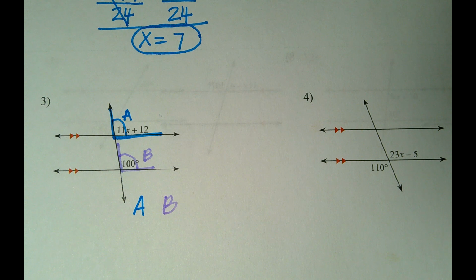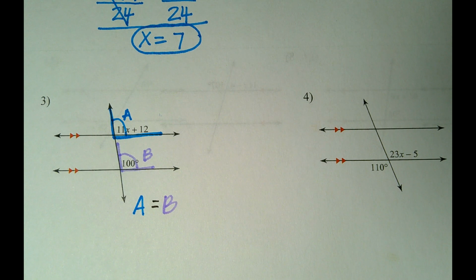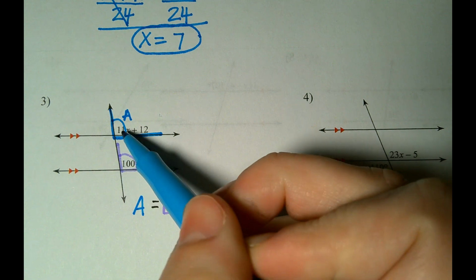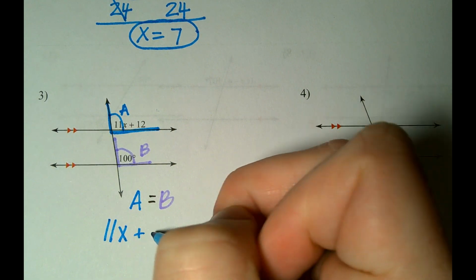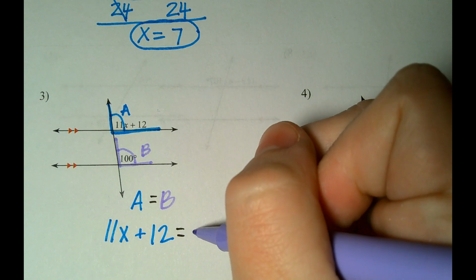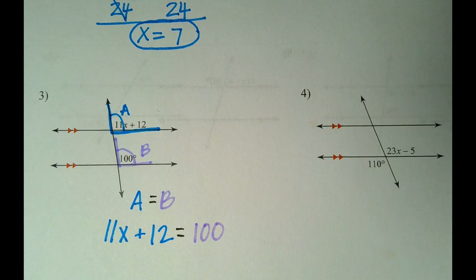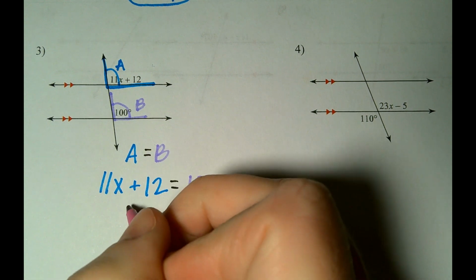So we're going to replace A with 11x plus 12. 11x plus 12 equals 100. Let's subtract 12. Good.